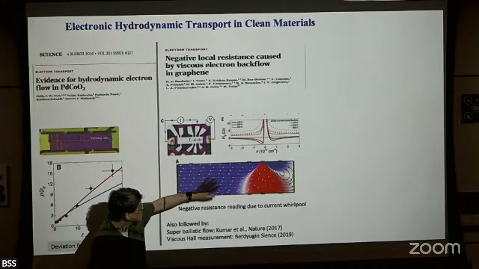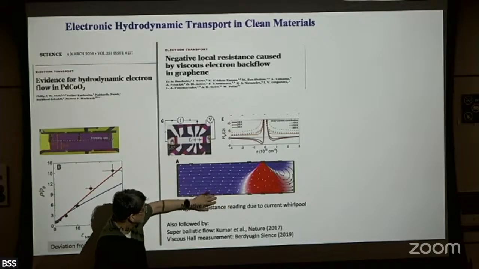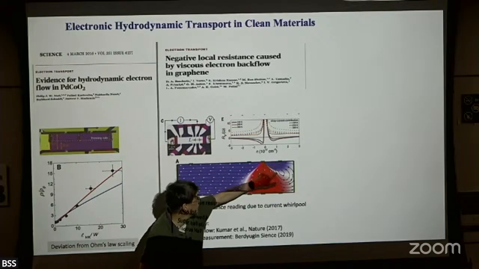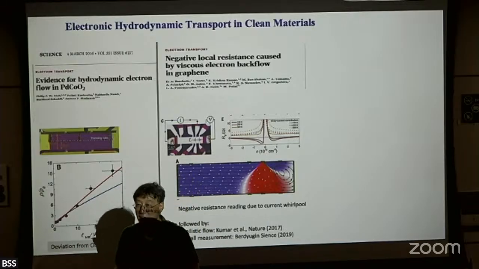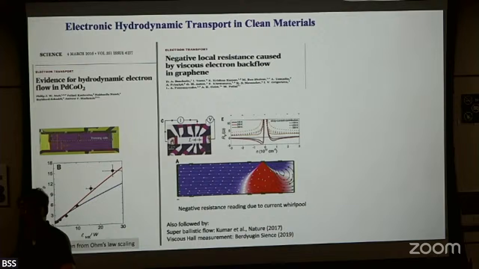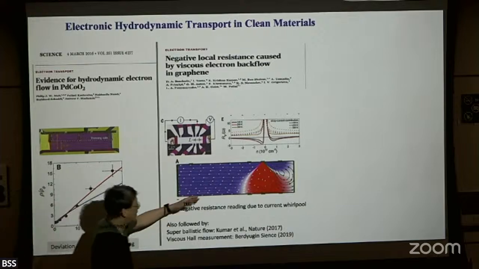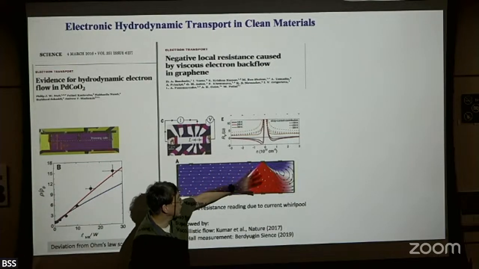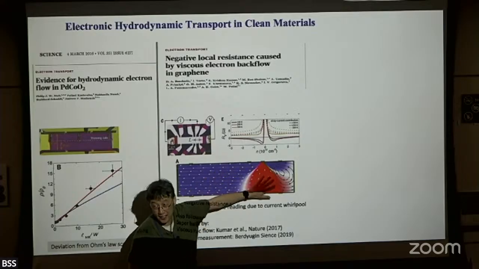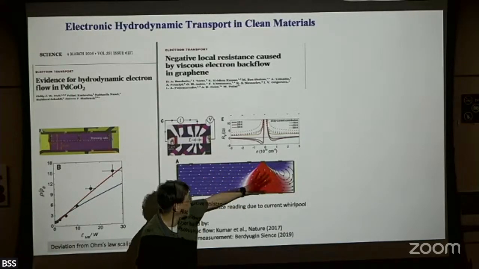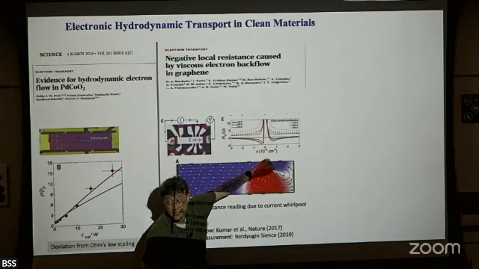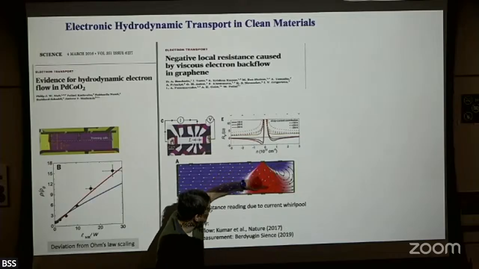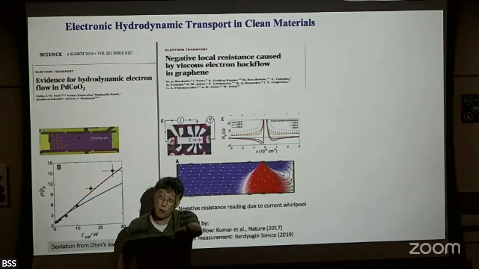Indeed, at high enough temperature, something like 200 Kelvin, when they measure the transport across it, in some of the electrodes where they supposedly read a positive resistance, positive voltages according to the ohmic flow, they start getting negative resistance in some part. By carefully mapping that, they speculated, and indeed those negative vicinity resistances appearing in the system can be explained by some of the current path coming back, a so-called vortex type of defect.